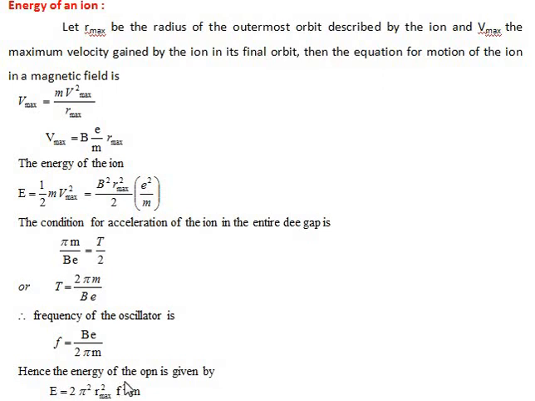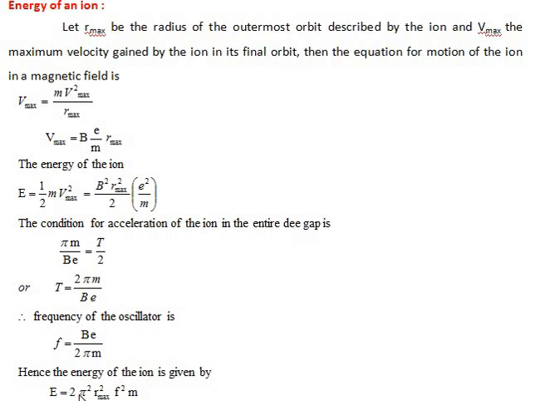So hence the energy of the ion is given by E is equal to 2 pi squared r squared maximum f squared times m. Just substituting in this expression and this expression, we get energy is equal to 2 pi squared r squared maximum f squared times m.